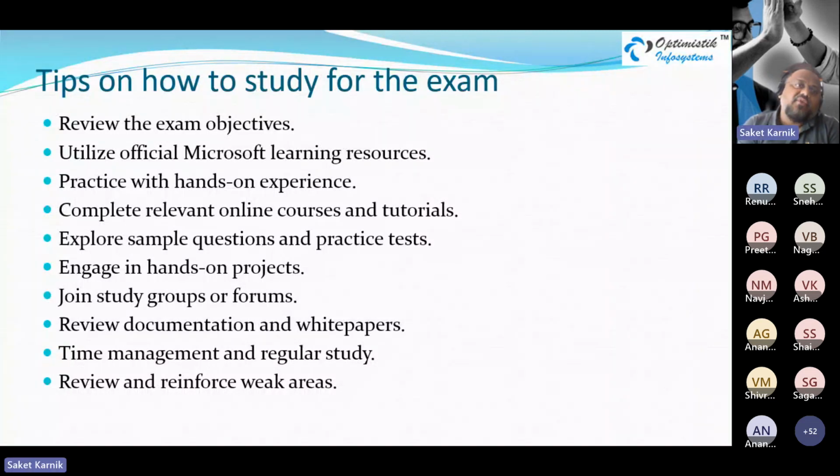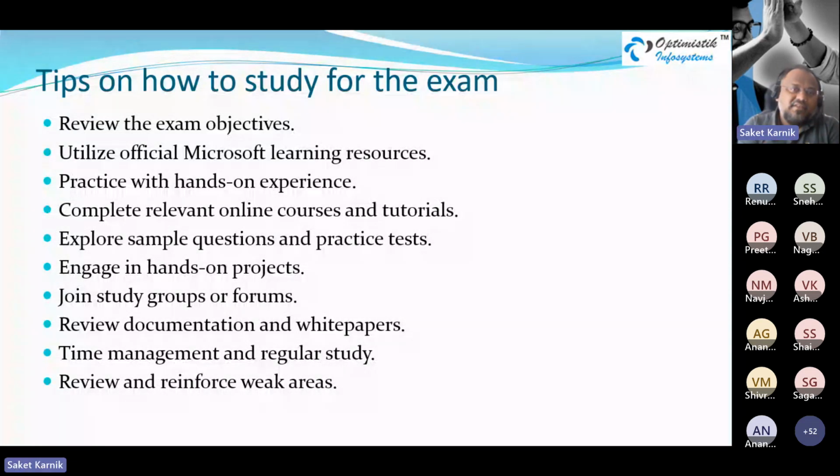Also, it is recommended for you to join some study groups or forums where you can have some discussion sessions as well. Some of the doubts can be easily cleared within these groups and forums. With social media, basically, it's much more easier now. The forum need not be a formal forum, right?